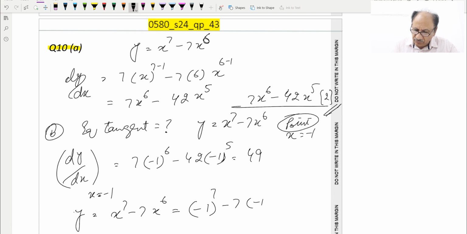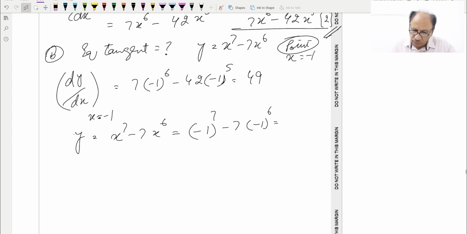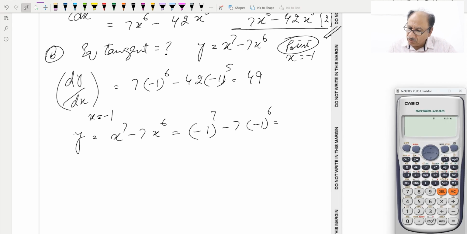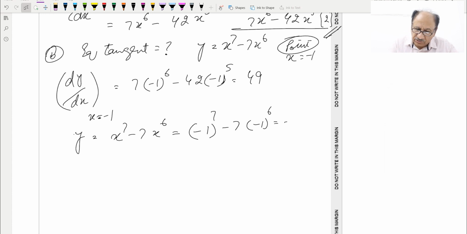If we calculate this, minus 1 raised to the power 7 and minus 7 times minus 1 raised to the power 6 will be equal to minus 8. So our point will be minus 1 and minus 8.